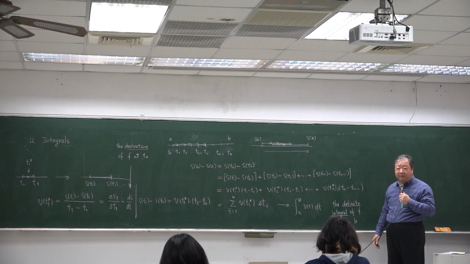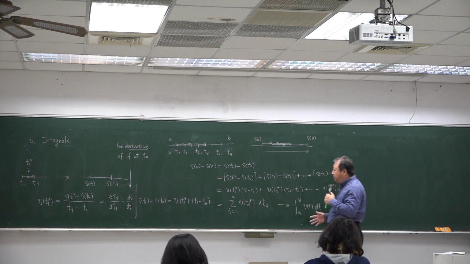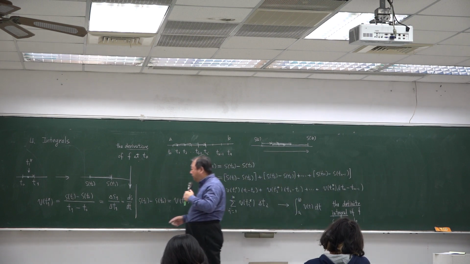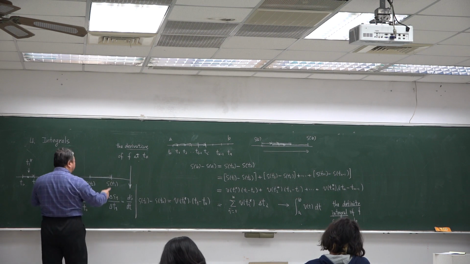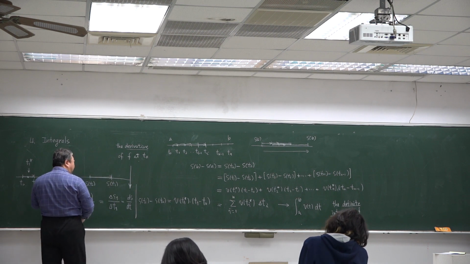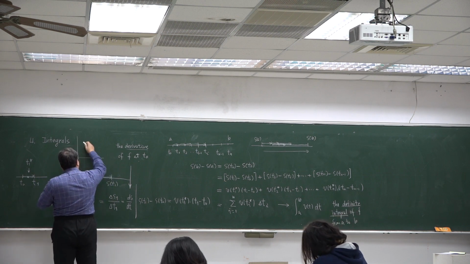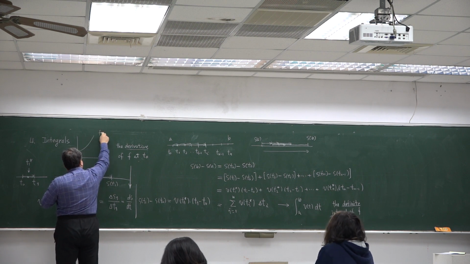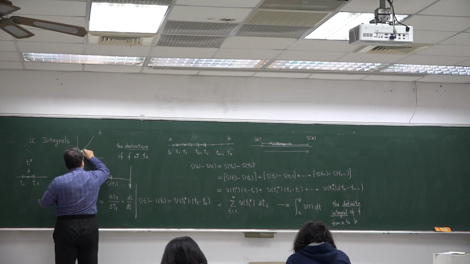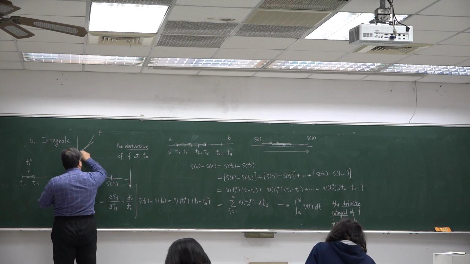Okay. So the following is a formal definition. But before that, I would like to give a motivation, because when we talk about derivative from physics, we use velocity. From geometry, the graph of f, the rate of change is the slope.